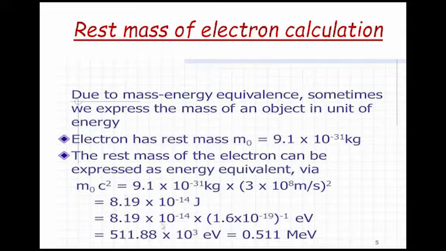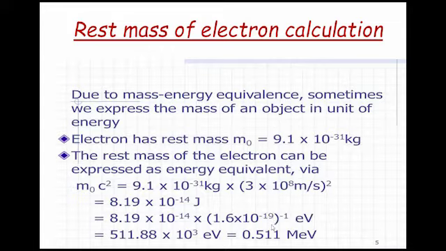In order to convert this energy in joule into electron volt, we have to divide it by the electric charge e. So 8.19 into 10 raised to minus 14 divided by 1.6 into 10 raised to minus 19, that much electron volt.